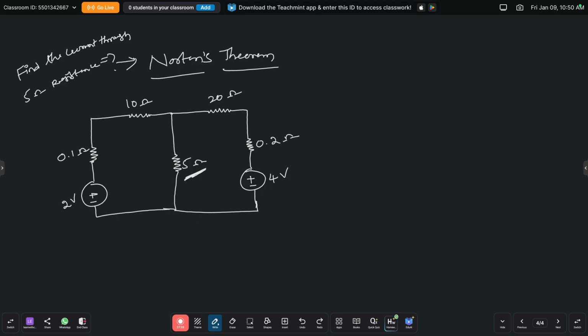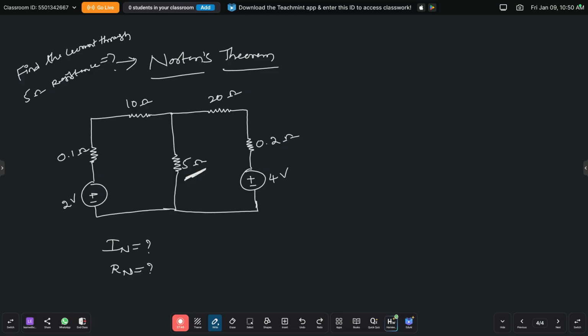To find the current using Norton's theorem, first we find the value of Norton's current. In the second step we find the value of Norton's resistance, that is the total resistance in that particular circuit.